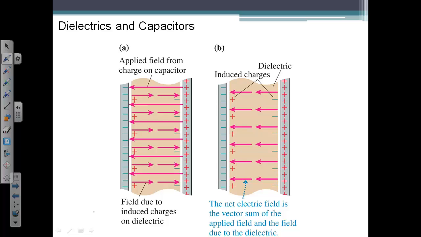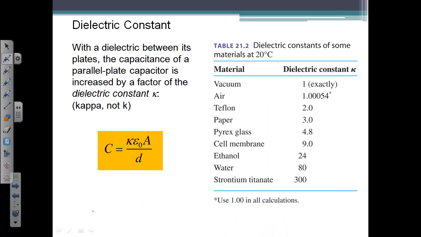There's a bunch of different types of insulators, dielectrics, that we use. Vacuum is not a dielectric at all. So it has a dielectric constant of what we call 1. The dielectric constant is this value kappa.